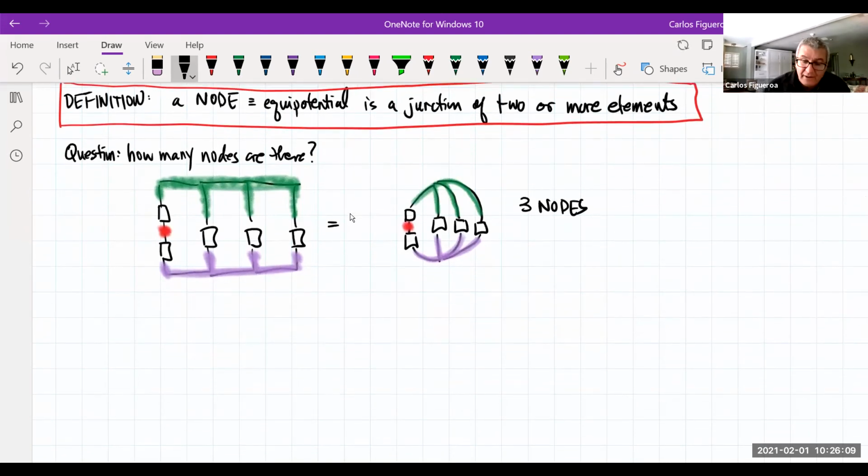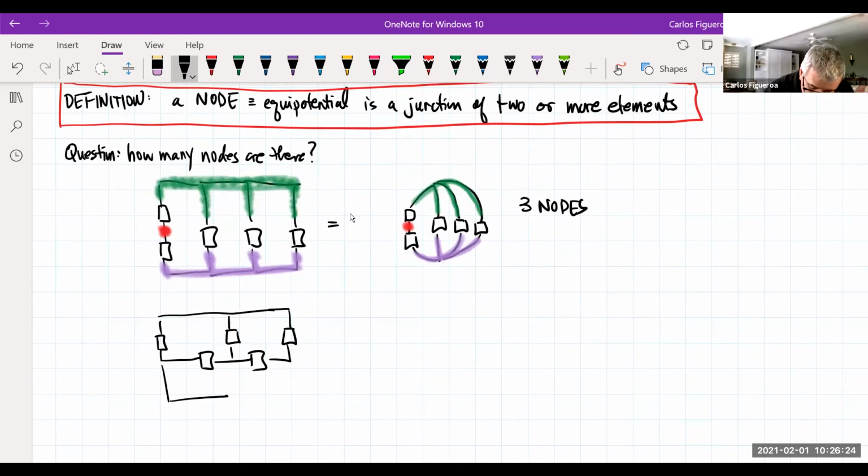And then I can do another example. If I look at this example, how many nodes do I have in this case? Well, the way I do it is I just start coloring wires.